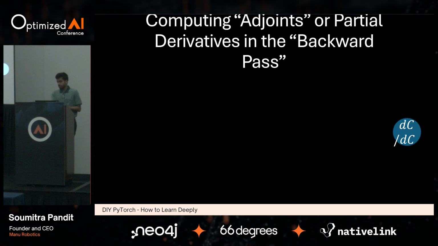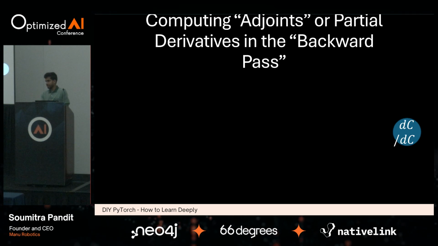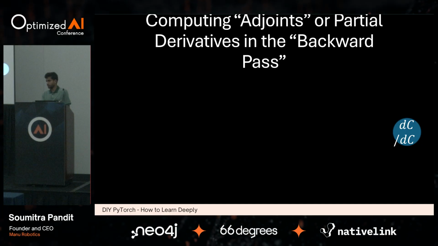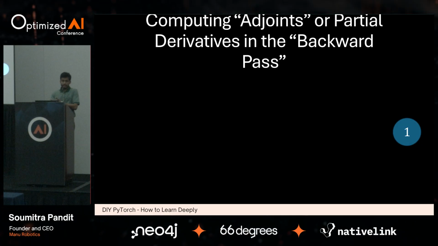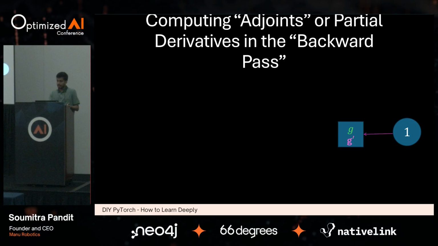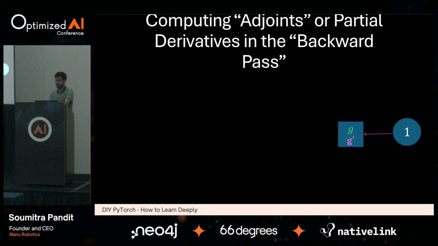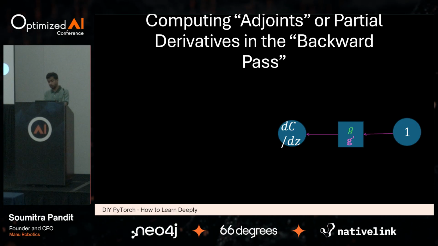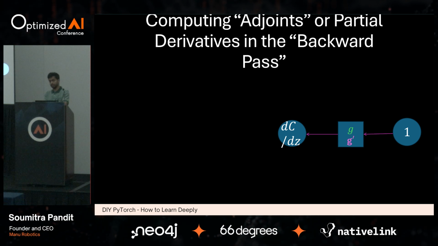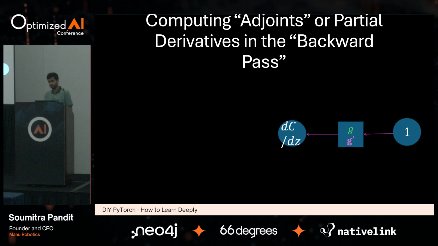In the backward pass, you start with the cost, and you take the derivative of the cost with respect to the cost, which is 1. And then you go back further, and this function is now going to trigger the derivative. The derivative part is the part that's below. So now g prime activates, and it actually gives you the derivative dc, the partial derivative of the cost by the variable that was at that level.